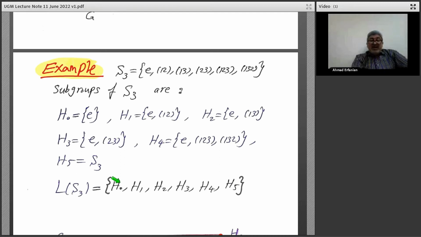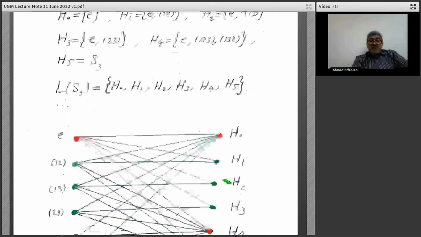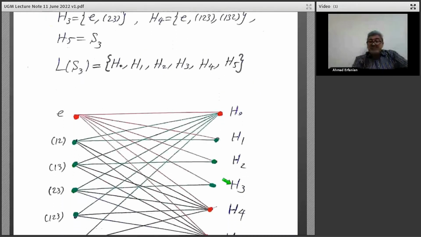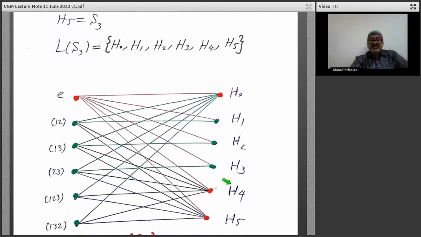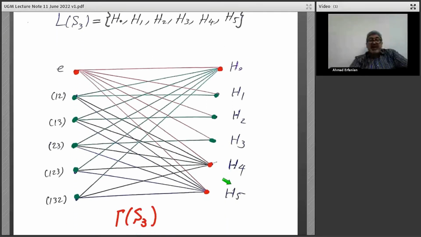So we have 6 vertices in the set B, and we have 6 elements in set A. So we have 6 elements on the left hand side in set A, and 6 subgroups in the second part.